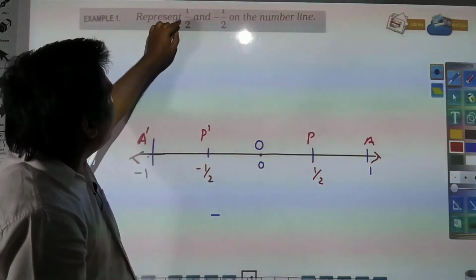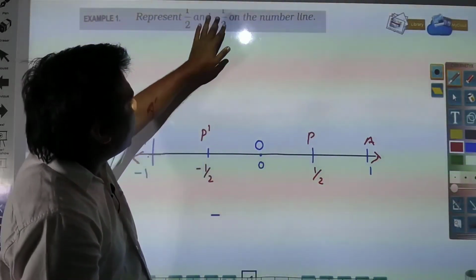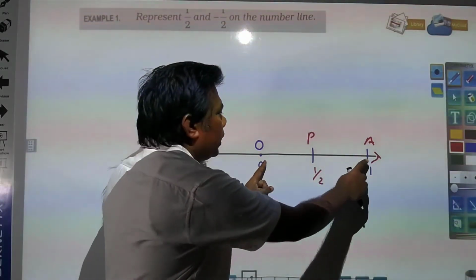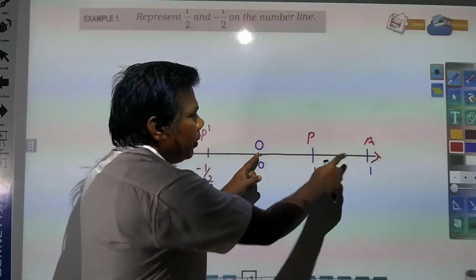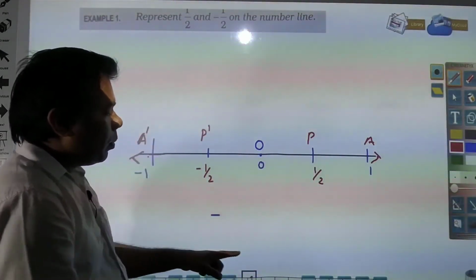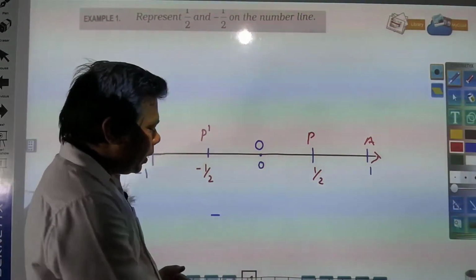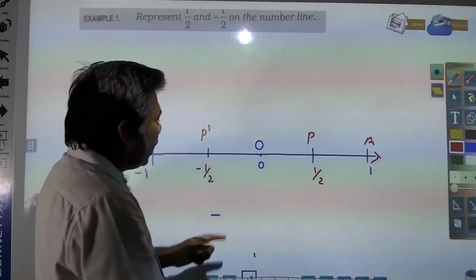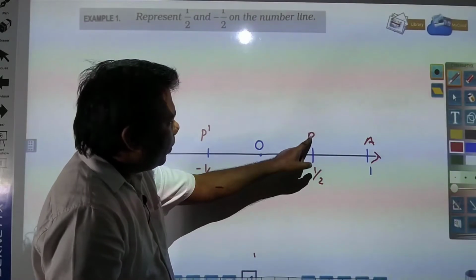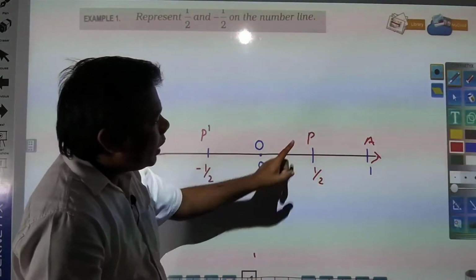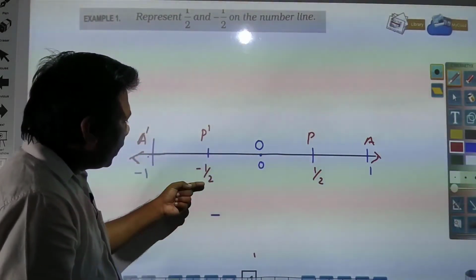Now since we need to represent 1 by 2 and minus 1 by 2, OA is required to be divided into 2 equal halves. With the help of compass and ruler you have seen how it is to be done. So we have divided that, and now the points you have got, P and P dash, will show 1 by 2 and minus 1 by 2.